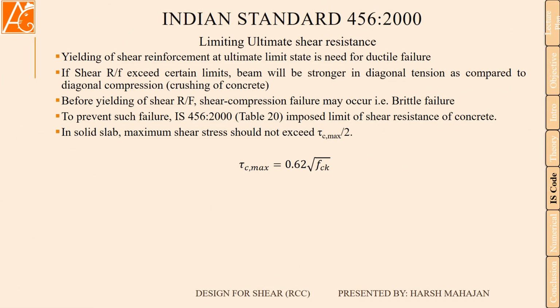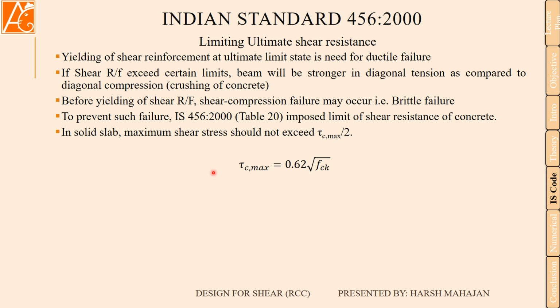Next is the limiting ultimate shear resistance, tau c max. You can find this in IS 456:2000 table number 20. It is a function of fck only. We always want our beam to fail in a ductile manner rather than a brittle one, because brittle failures are sudden and ductile failure takes some time. What happens if we provide a huge amount of shear reinforcement?